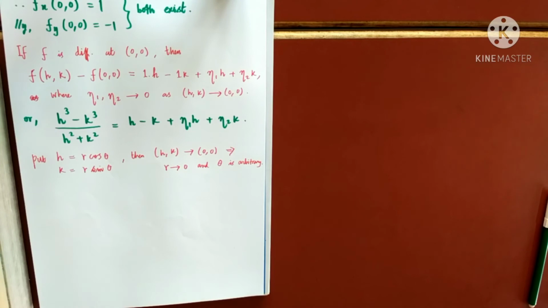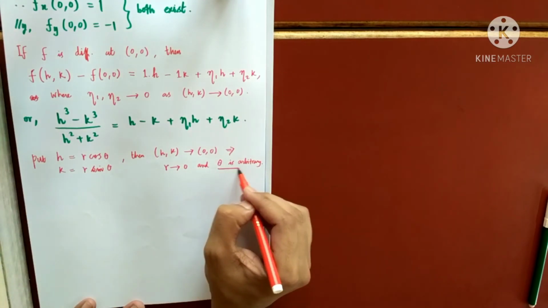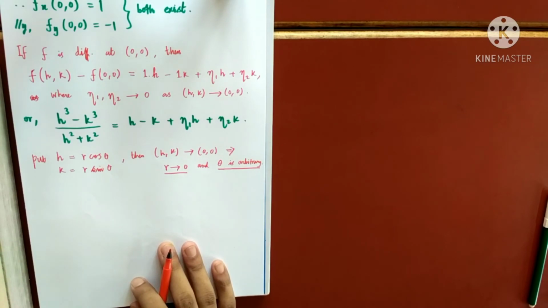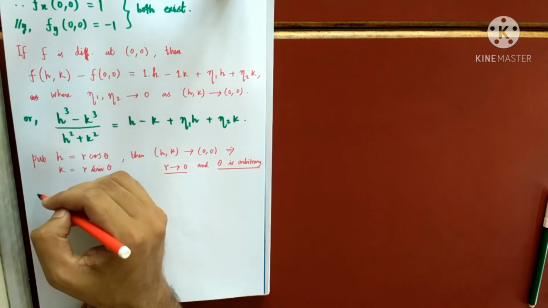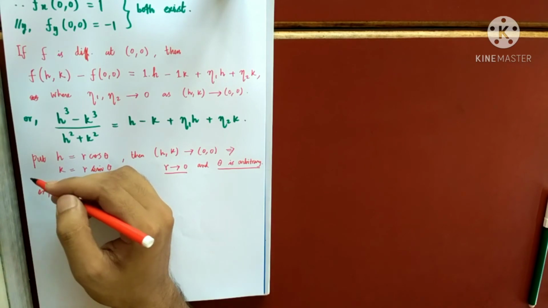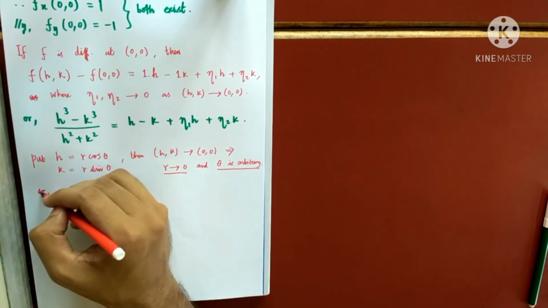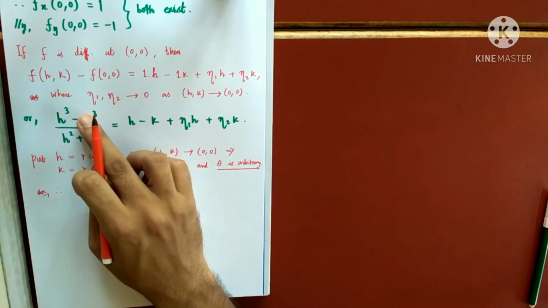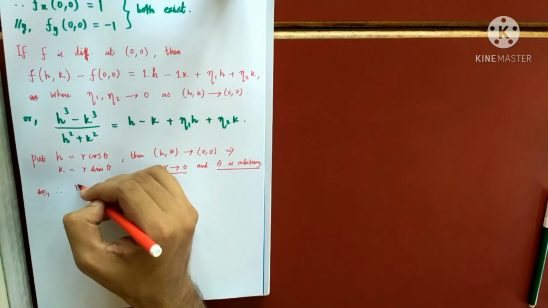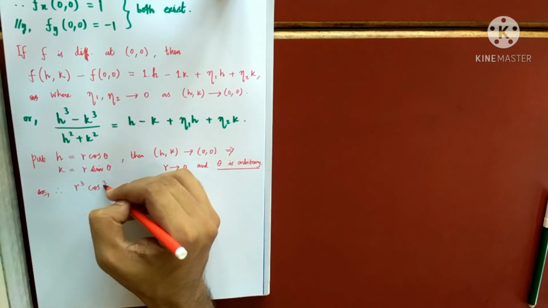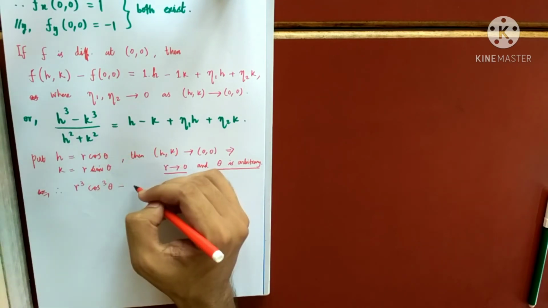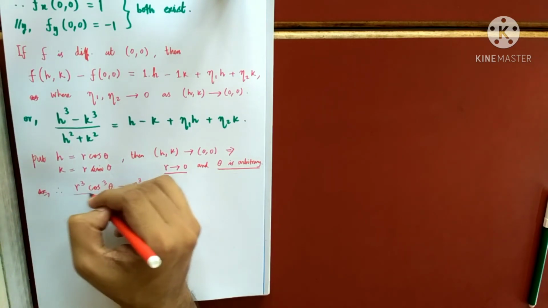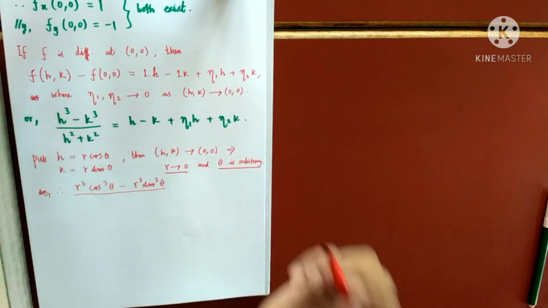Now keep this in mind. This will be very much essential. Put the values here. Therefore let's put all the things here. What will I get? H cube, that means r cube cos cube theta, minus k cube, r cube sine cube theta, by h square plus k square.